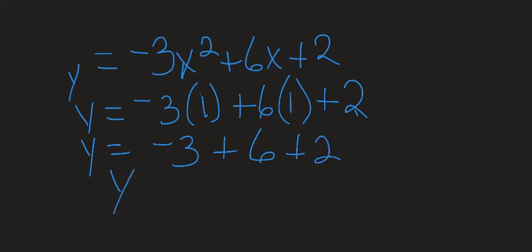So our y value in this case is going to be negative 3 plus 6, which is positive 3, and plus 2 gives me 5. So our vertex is going to be at 1 for our x value and 5 for our y value.